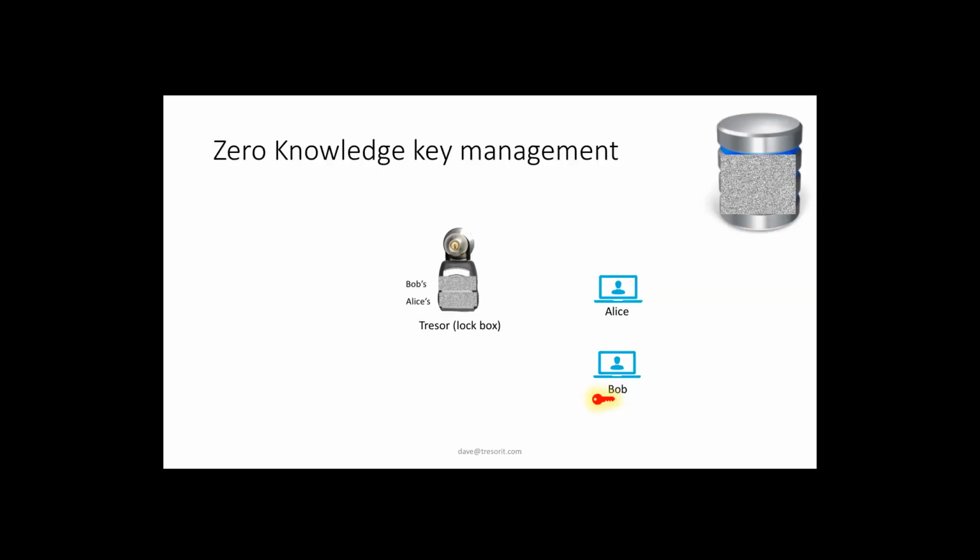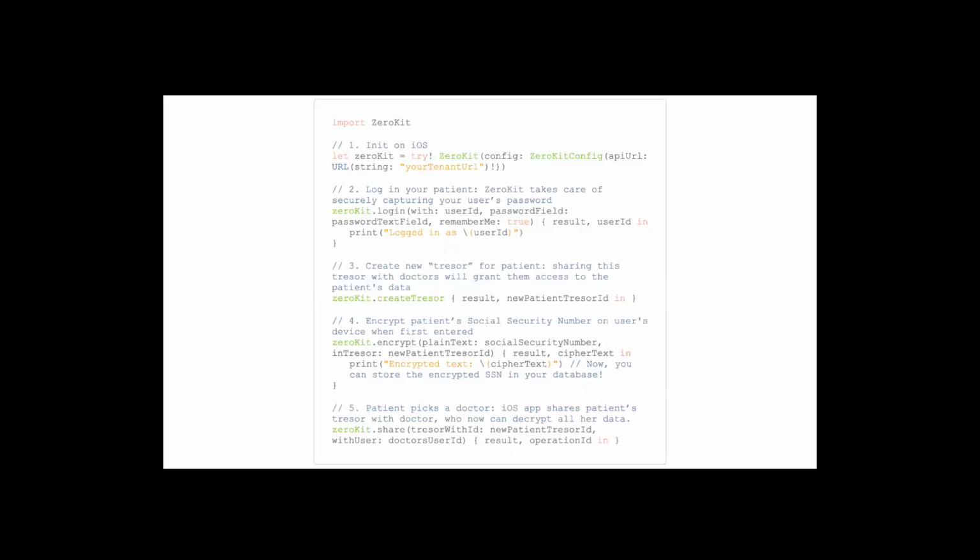So you appreciate this whole complexity, and this is the code. This is how it works, and this is how simple it is. So this is a Swift code which you guys probably all can read because you are coming from the iOS background. So this is one line of code to log in Bob.